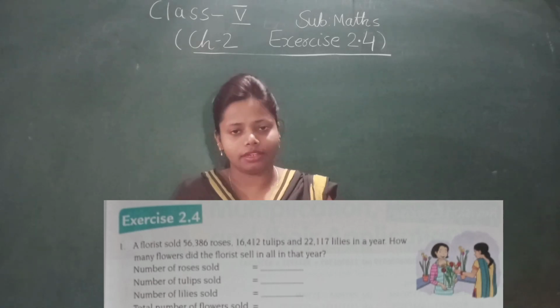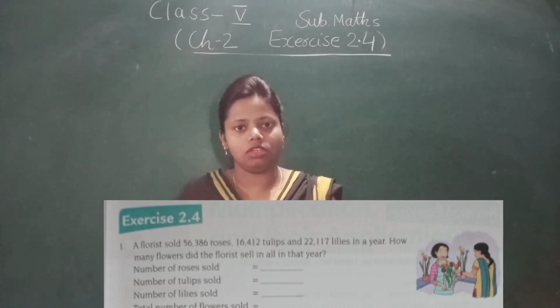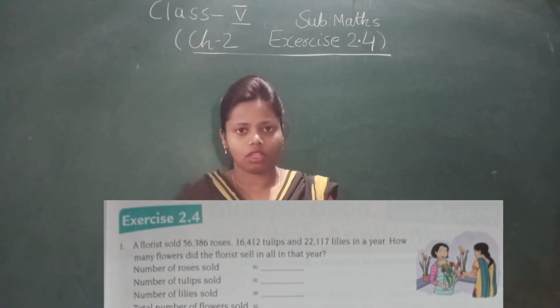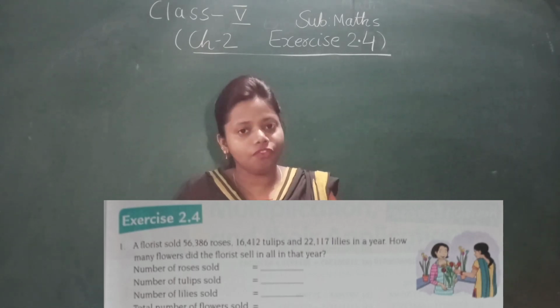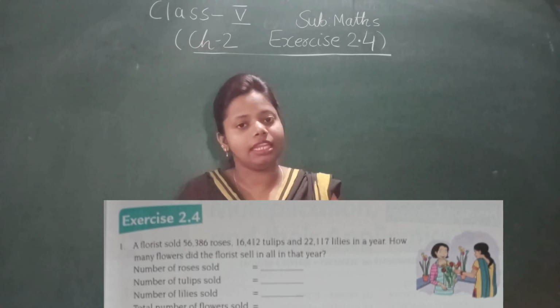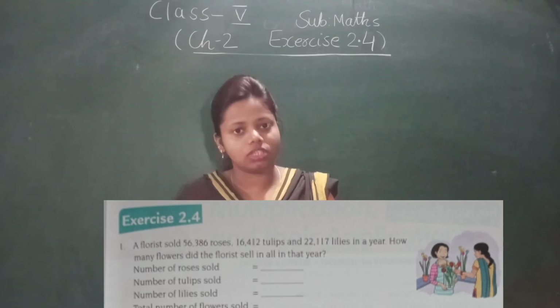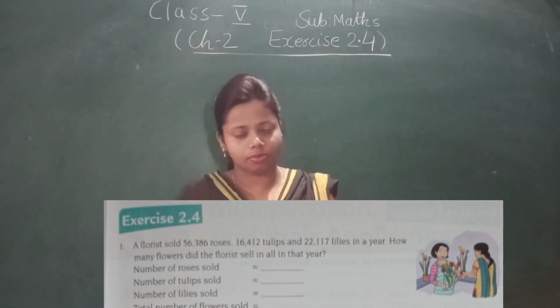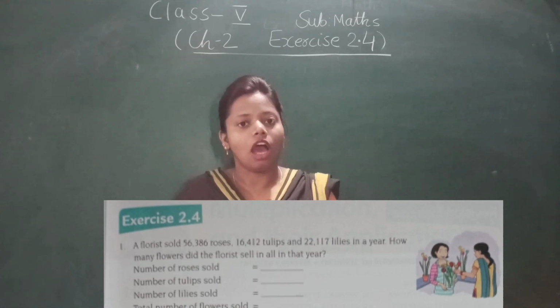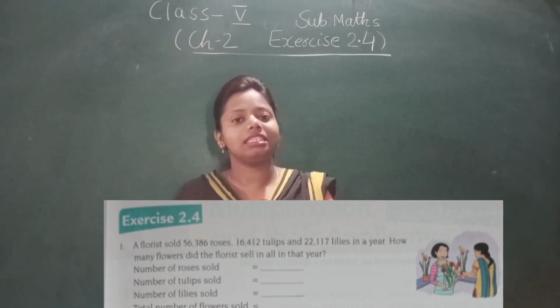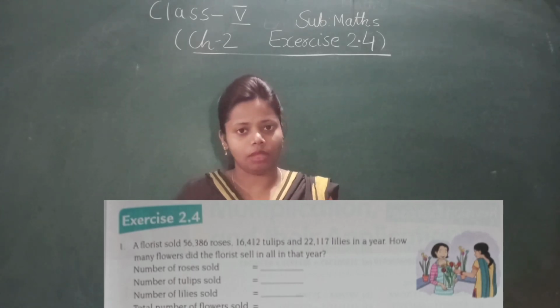How many roses did he sell? 56,386 roses. How many tulips? 16,412 tulips. And how many lilies in a year? 22,117 lilies.